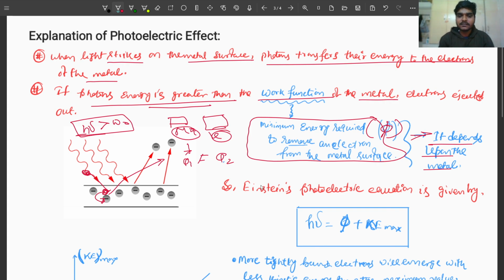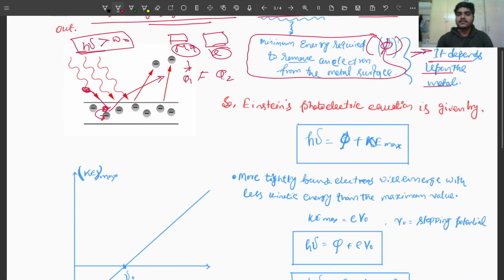So using this assumption, Einstein gave his photoelectric equation, and that is h nu is equal to phi plus KE max, where KE max, as I previously told, is the maximum kinetic energy of the photoelectrons.